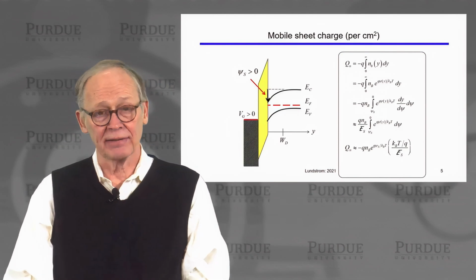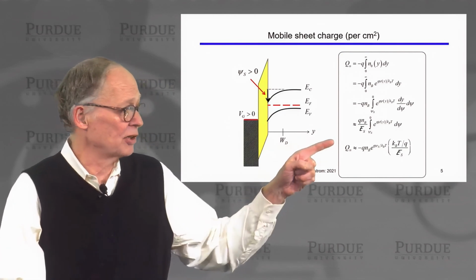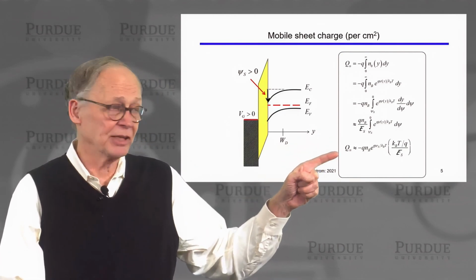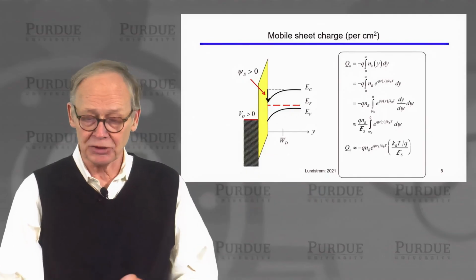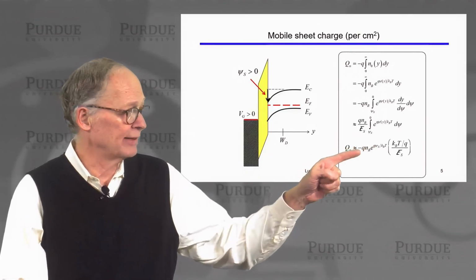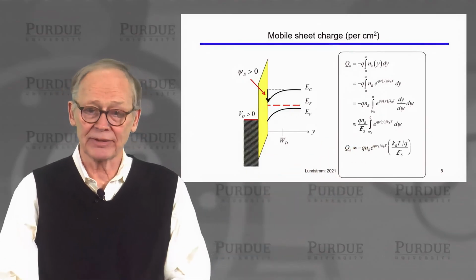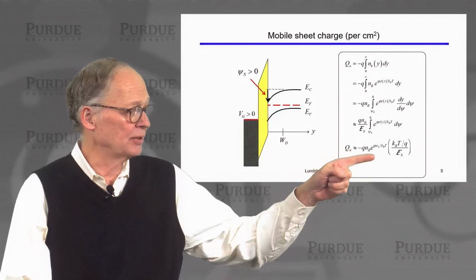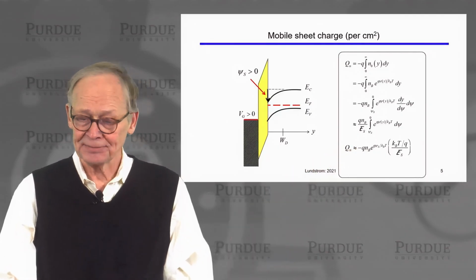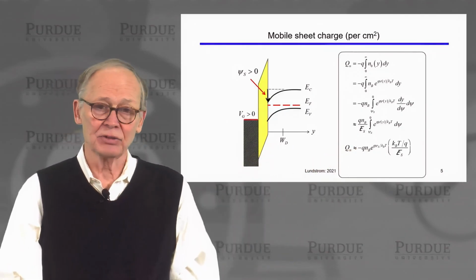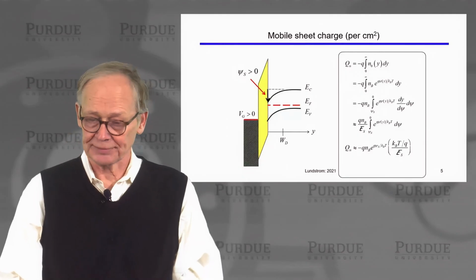We can do it, and the final answer is this. The mobile charge per square centimeter in the semiconductor is minus Q times the electron density in the bulk, Ni squared over Na, times e to the Q surface potential over kT, times kT over Q divided by the electric field at the surface.